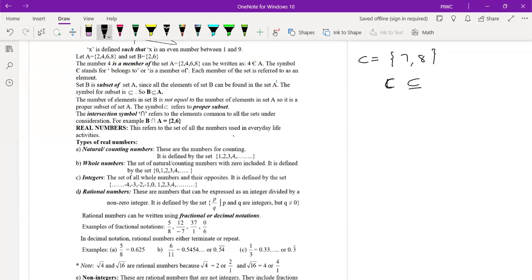So for not a subset, we put a line through it like this. It's not a subset of A. All right, so this represents not a subset.